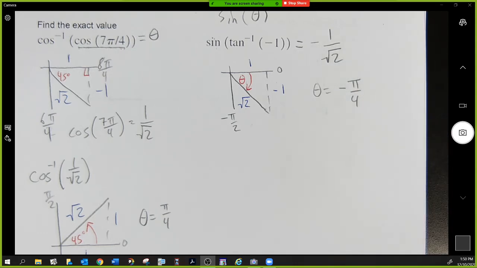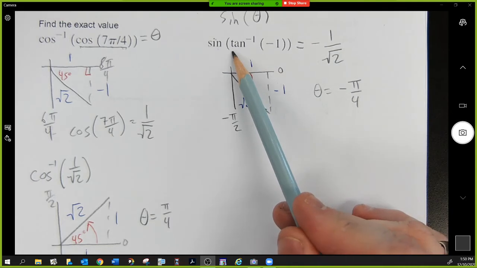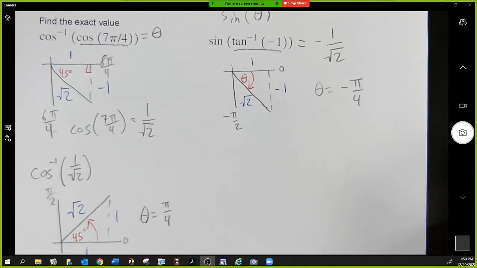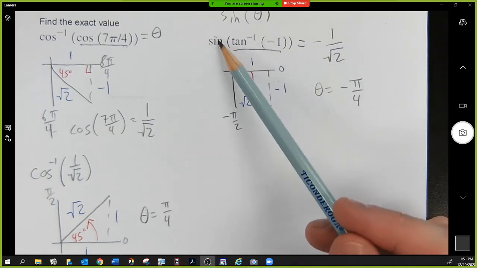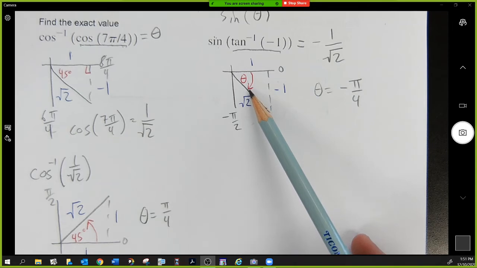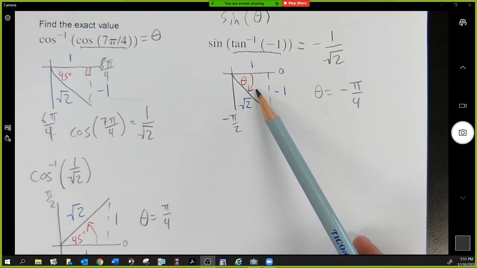Doesn't sine have its own areas where it's positive or negative? Yeah, sine is positive in quadrant 1 and quadrant 2. But what we did here is we evaluated this and found out that that is -π/4. And then we asked ourselves, what is sine of -π/4? Well, here's -π/4. It's right here.